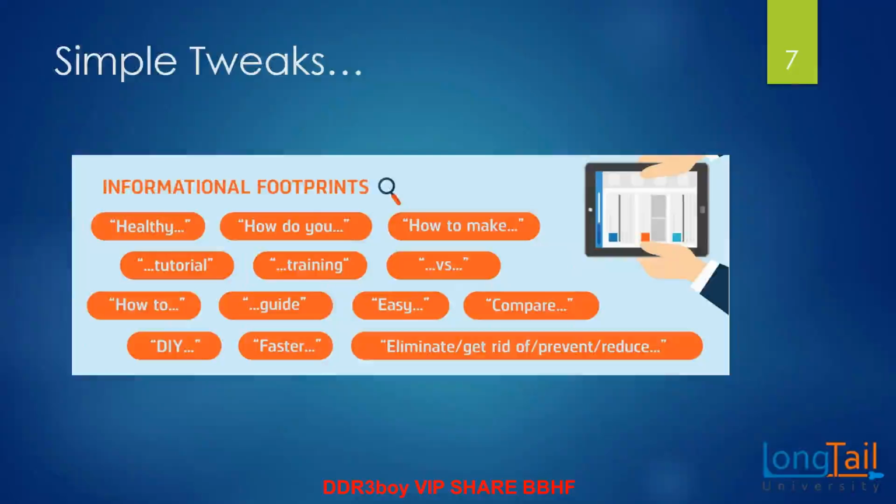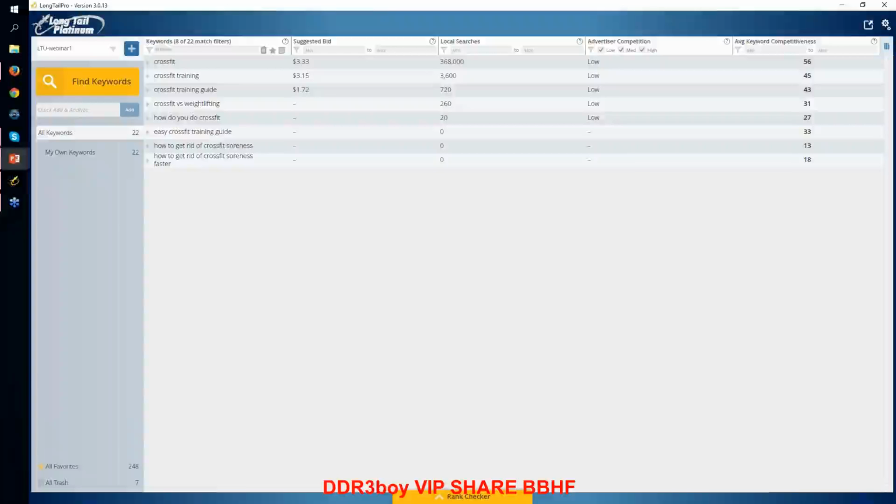So I'm getting a question here about local searches. Yes, local searches in my case is the United States. It shows the local searches here because when I created my campaign, I had selected US. I could get global search volume here as well, but whatever country you select, that's going to be your local. So if you had selected UK, that's going to be the search volume for the UK.